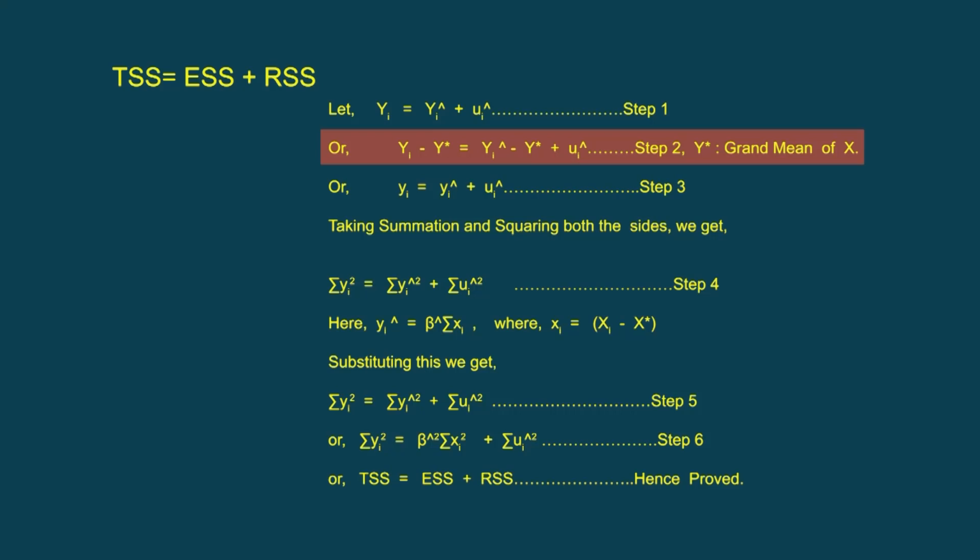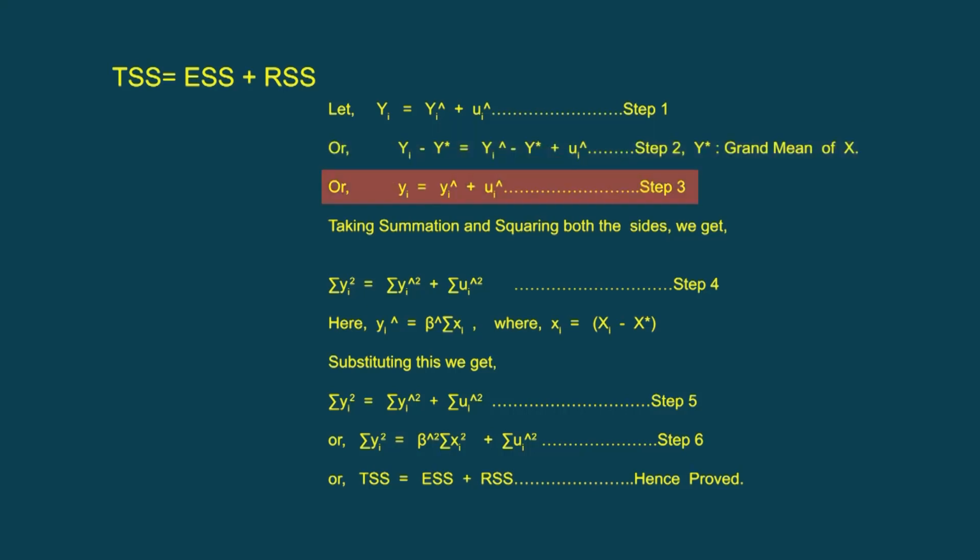After taking the difference, we get yi minus y star equals yi hat minus y star plus ui hat. On doing this, we get, in small letters, yi equals yi hat plus ui hat, and that is step 3. So this is the deviation of each observation from its respective mean.